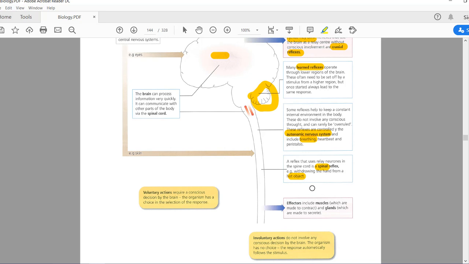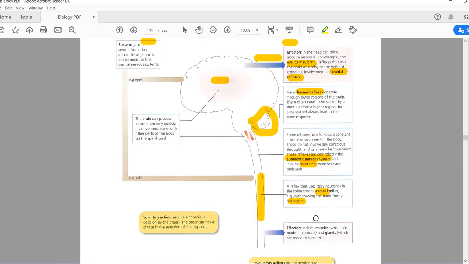As we explained before, when you touch something hot, directly you will pull your hand. Who is controlling this action? It's the spinal cord. A nerve from the spinal cord is responsible for this action. So this kind of action, we call it a spinal reflex.